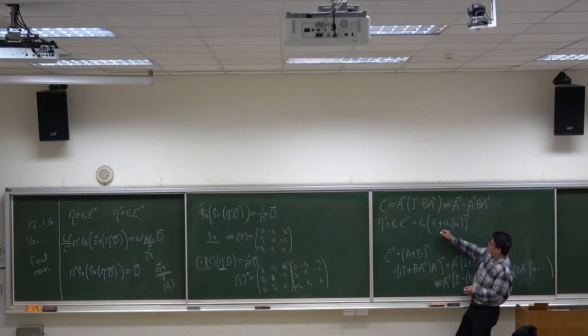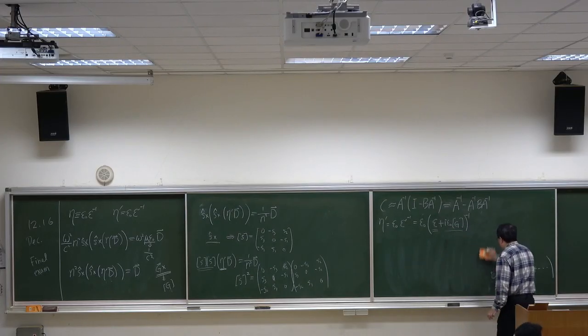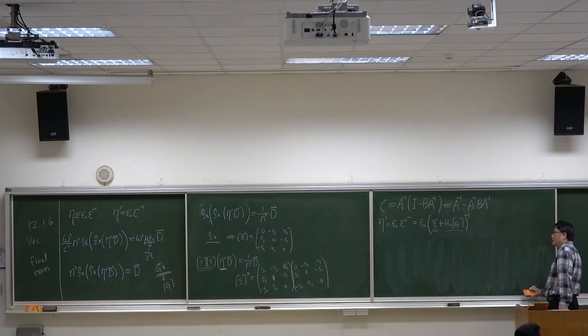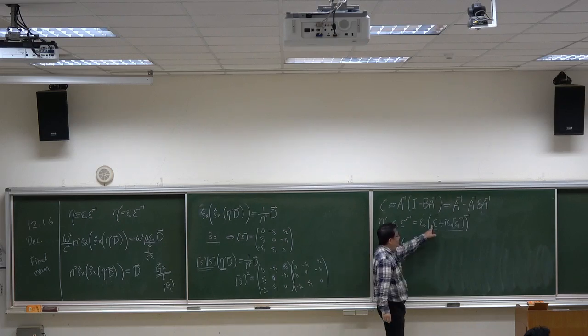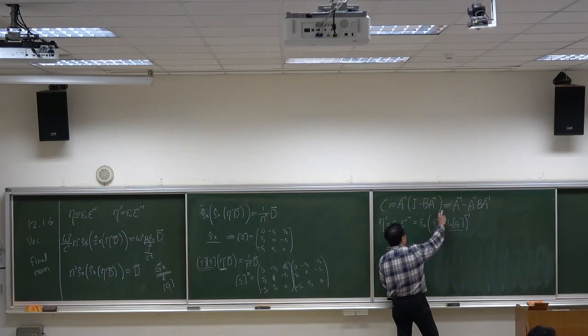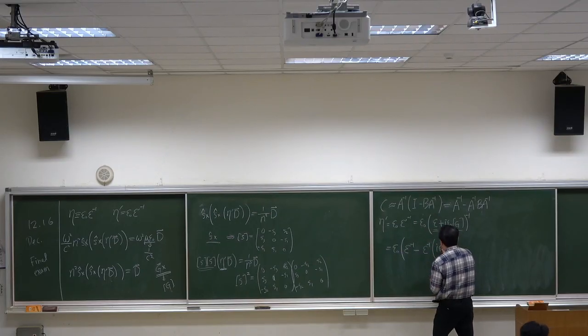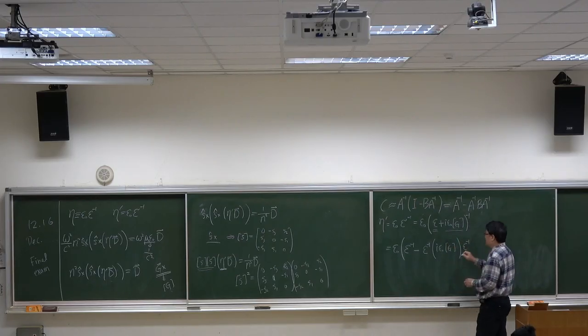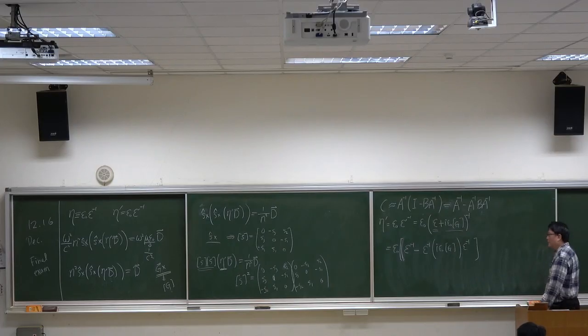You can treat this as A and this as B, then this becomes epsilon 0 times epsilon inverse, minus epsilon 0 times epsilon inverse times i epsilon 0 G times epsilon inverse.